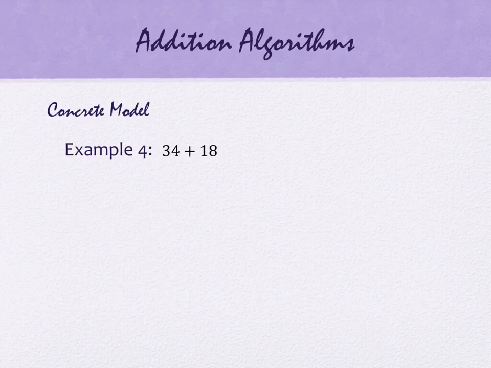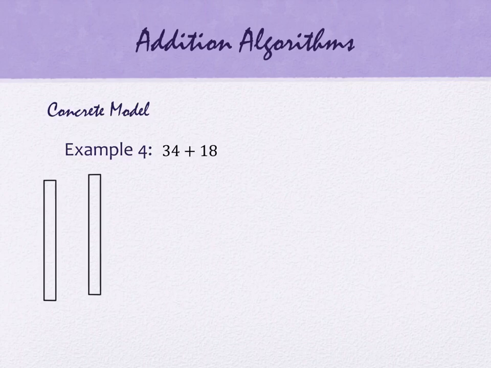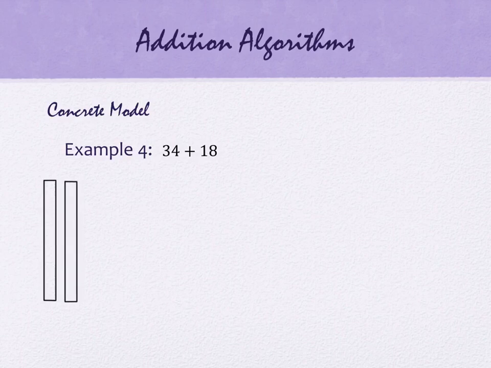So when I have the number 34, I have 3 longs. So here's 1, 2, and 3. And then I have 4 units. So this is the number 34. And again, what the child is doing is they have 3 longs and 4 units in their hands.